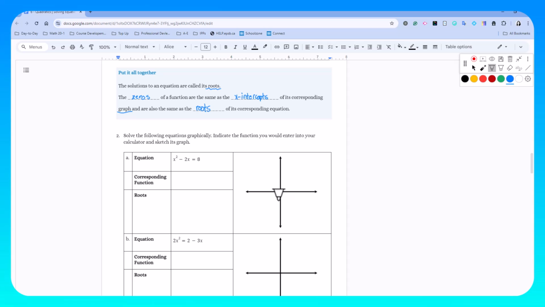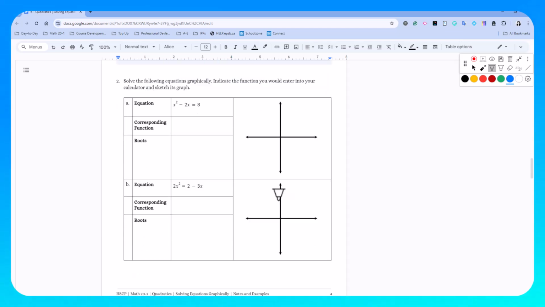So let's put this all together to do a few examples. We're going to start by solving the following equations graphically, and we're going to indicate the function that we would enter into the calculator and sketch the graph. And from there, we're going to find those solutions.